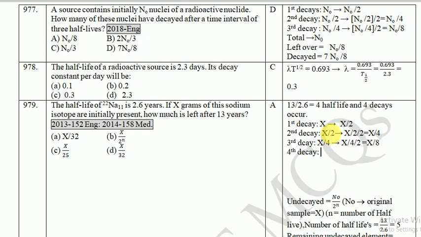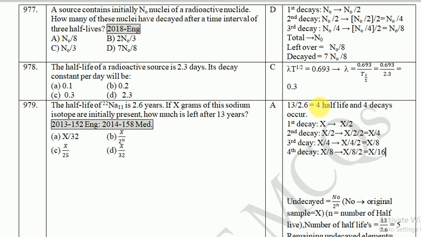And next, X by 8 will again be divided by 2, so X by 8 by 2 is equal to X by 16. So observe, if X gram of the sodium isotope is initially present, how much is left over at 13 years?